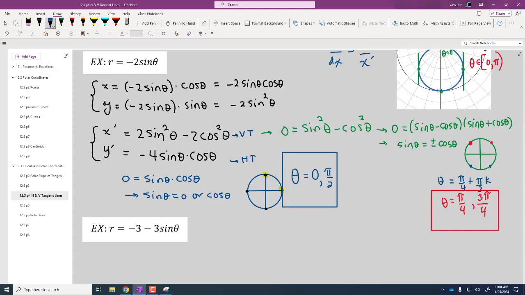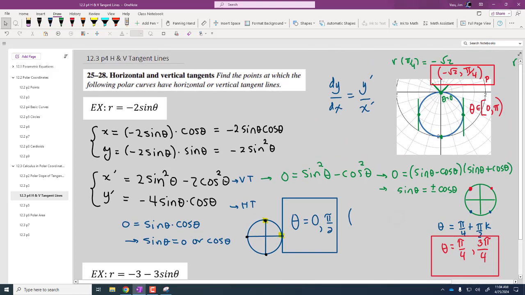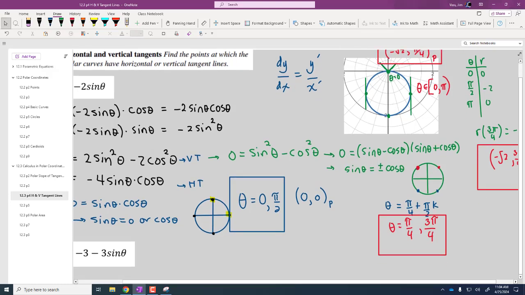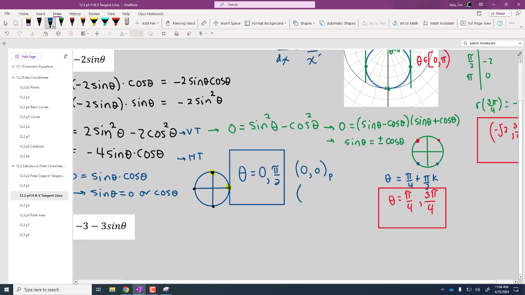And if we wanted to write these in polar form, we would say, okay, the R value, we already did those, I think, over here. So the R value at 0 is 0, and the angle was 0. That's a polar point, the origin. And then the R value at pi over 2 is -2, comma, pi over 2.